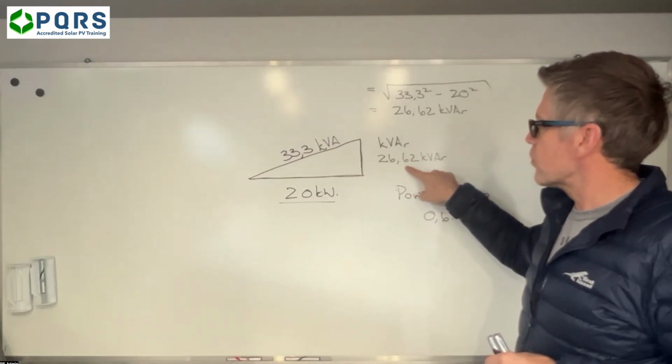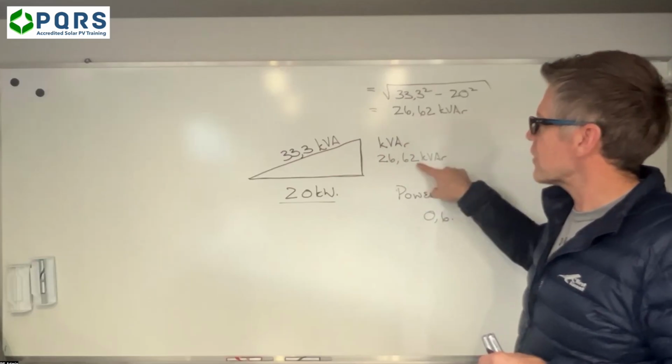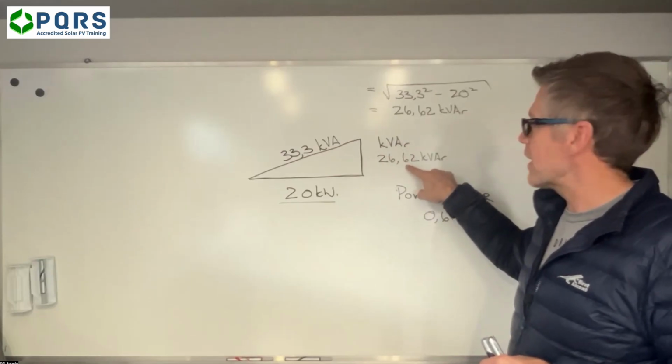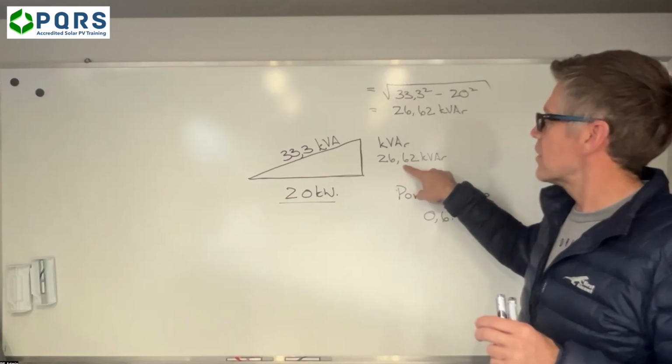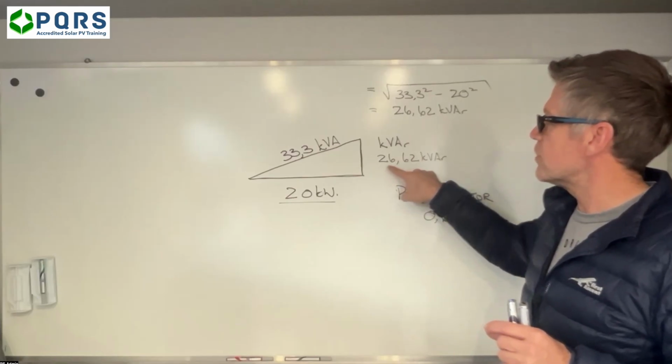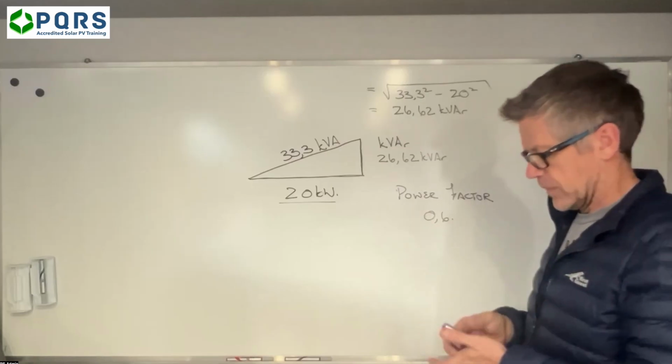Now, the way we would go about calculating how much we need in order to correct this with a capacitor bank, we would first of all determine what we want the power factor to be.